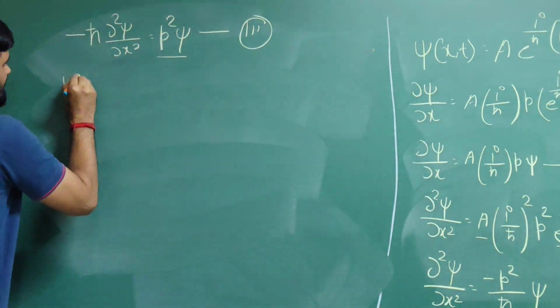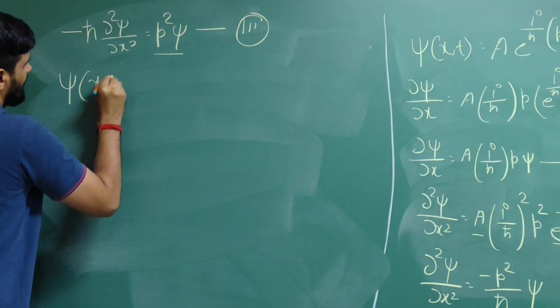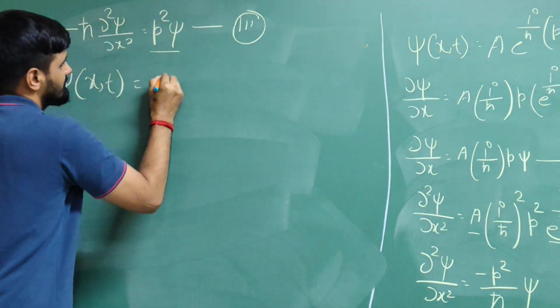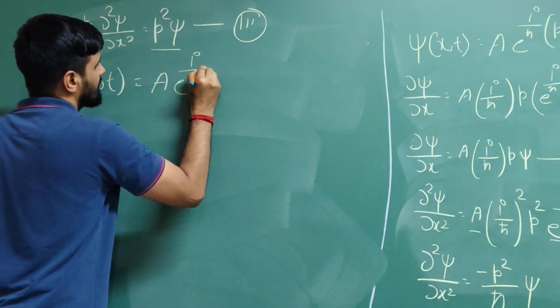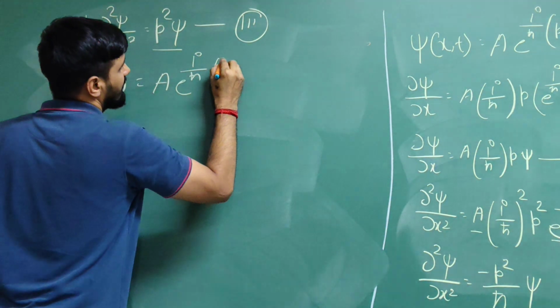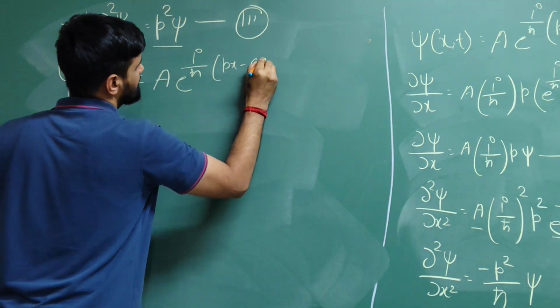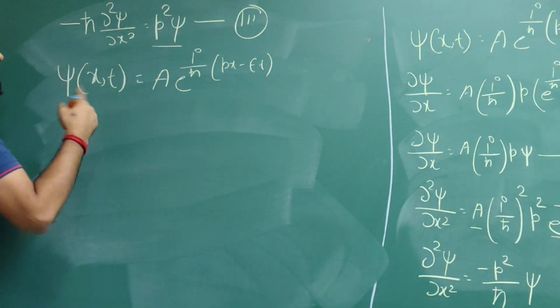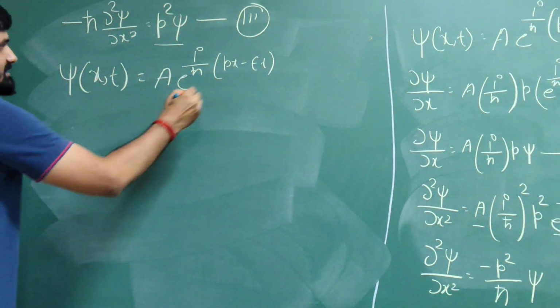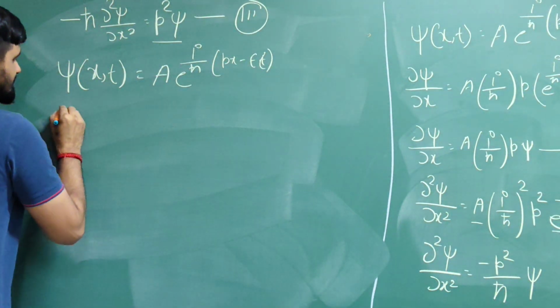Next, we have the wave function equation, psi of x, t, that is equal to A e to the power i by h squared into (px minus Et). So if I do the differentiation of this equation with respect to t, let's see what will I get.